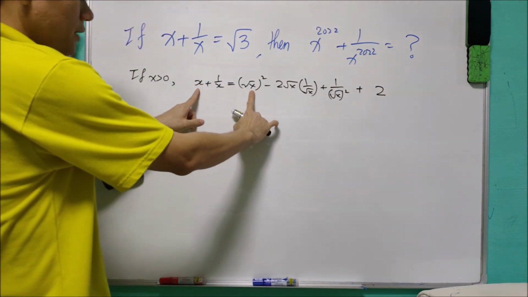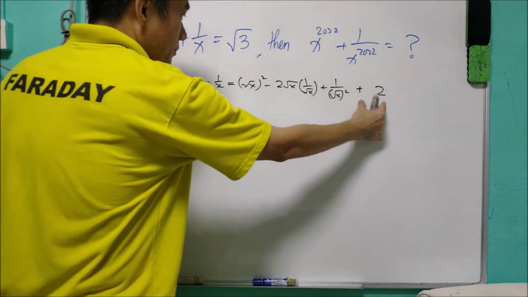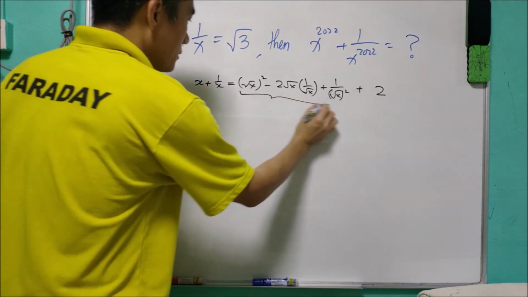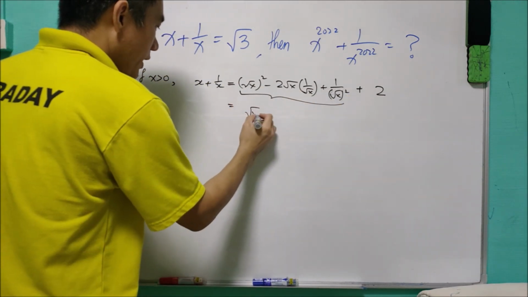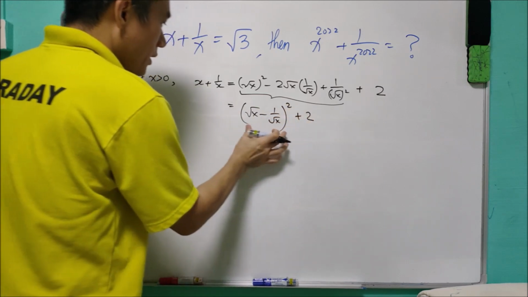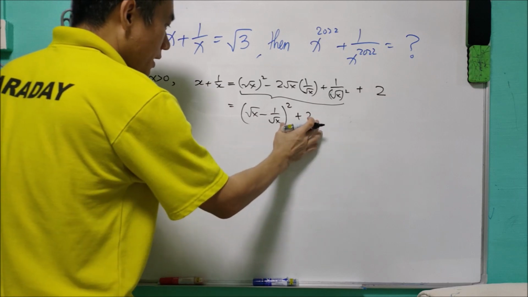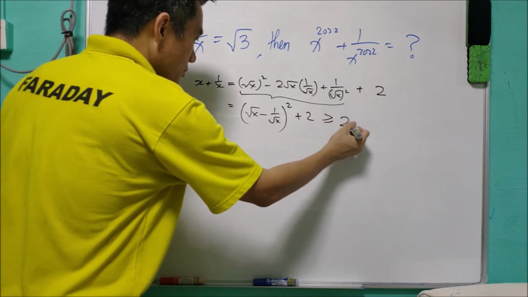Note that this is x, this is 1 over x, and this is negative 2, this is plus 2. This can be written as (square root of x minus 1 over square root of x)squared plus 2. Since the square of a real number is at least 0, this expression is at least 2.